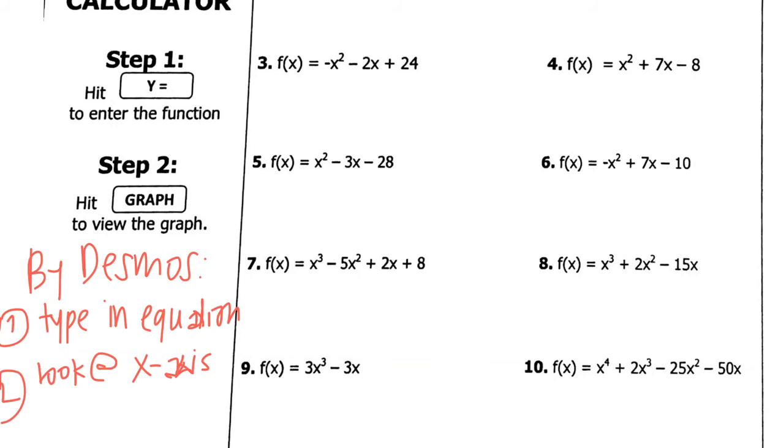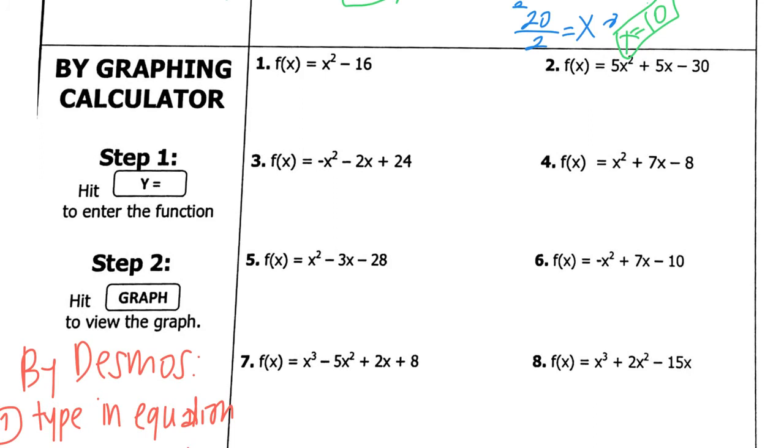So I'm just going to go over a couple of these with you and show you what the graph looked like when I typed in the function and then how to find those zeros. So we will go over numbers 1, 3, and we will also do number 7.